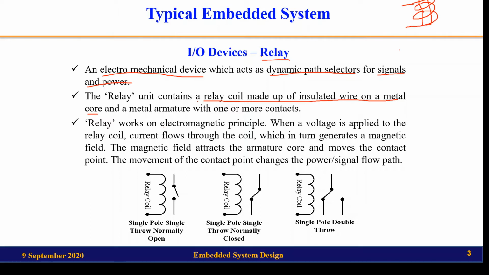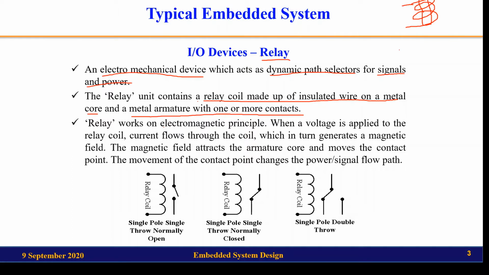And the other thing you have in the relay is a metal armature with one or more contacts. So we have two parts in the relay unit. The first part is the relay coil, which is a metal core with an insulated wire on it, called the relay coil, and there will be a metal armature, which may have one or more contacts.